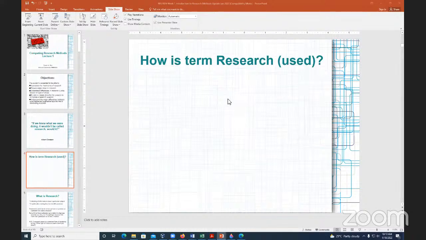So you can add knowledge. Academic research is really about discovering things that nobody knows the answer to, whereas everyday research is about looking for data and information that's already known. So let's go back to the current slide.